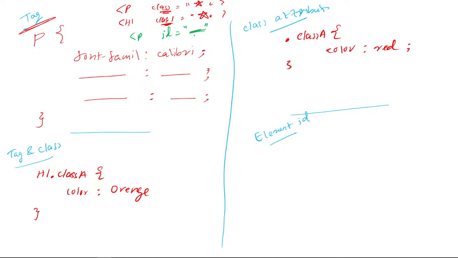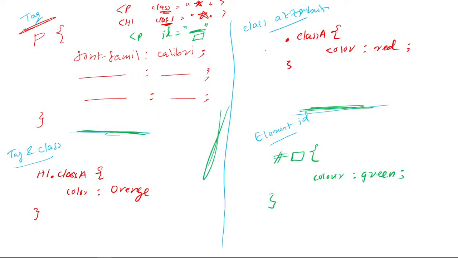Wherever we have the common ID, let's say it's a box, use the color green. So there are 4 different ways of defining styles: either directly by using the tag, or class, or tag and class, or the ID.